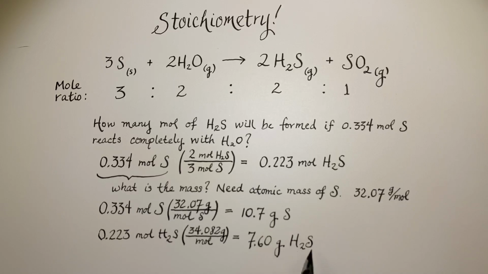Since this is a gas, it's probably more convenient to measure what the volume of this gas would be. That's something you can do once you learn about the ideal gas laws and use the ideal gas law equation. But for now, we're just talking about moles and grams, so that works well.